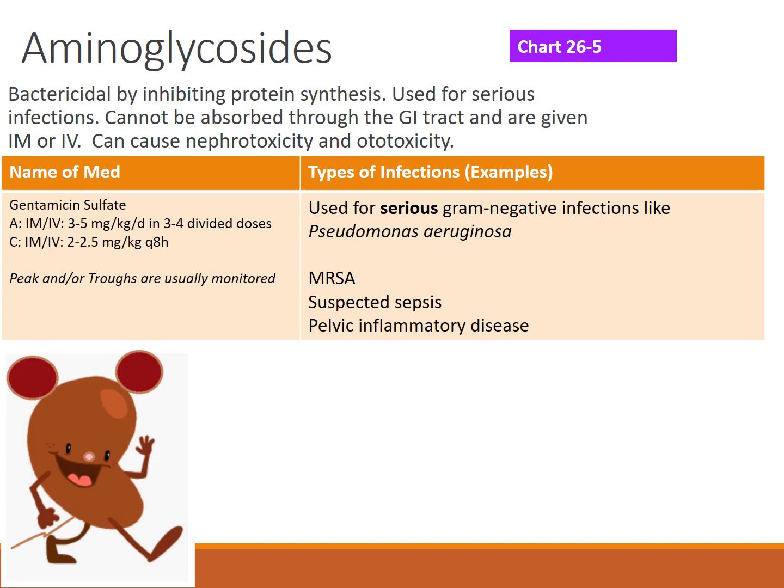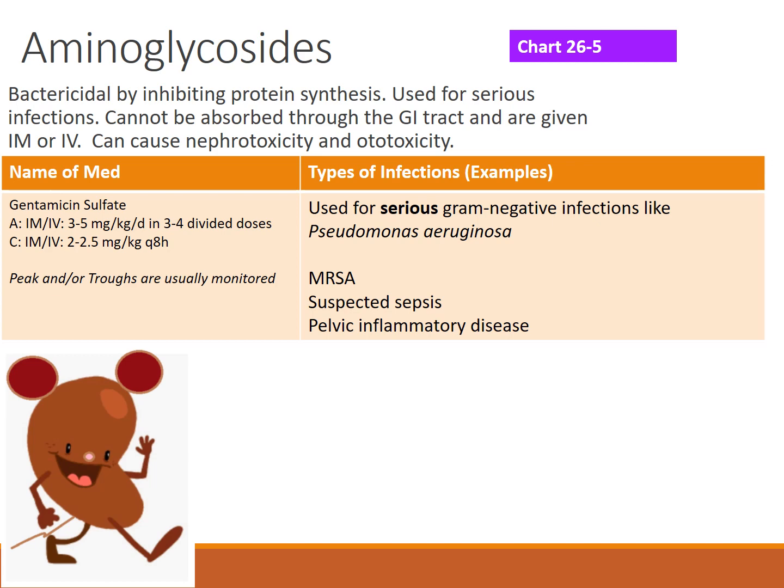Aminoglycosides are bactericidal, and they also inhibit protein synthesis, and they're used for really serious infections. They cannot be absorbed through the GI tract and are given IM or IV. They cause nephrotoxicity and ototoxicity.